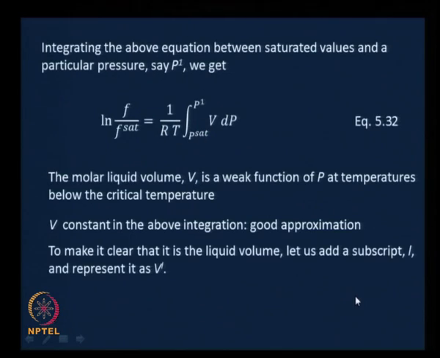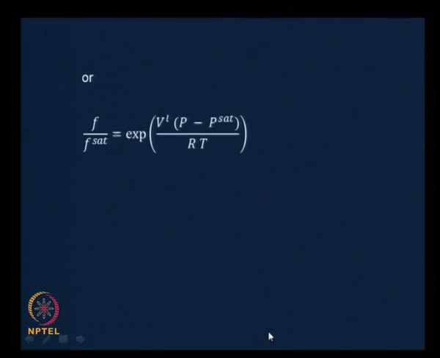Then we could write ln of f by f sat equals VL, and the definite integral between P sat and P becomes P minus P sat by RT, or f by f sat equals what we call the Poynting factor, exponential of VL, the molar liquid volume, times P minus P sat by RT.